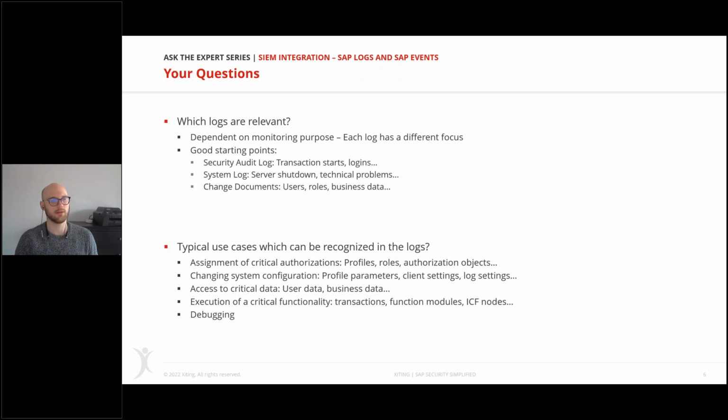So we can see if a critical transaction gets executed on a productive system. And a last very widespread use case that we are having a look at is debugging. Normally there should be no cases of debugging on a productive system, and it is very easy to see this with SAP logs and to alert on this with SAP logs.